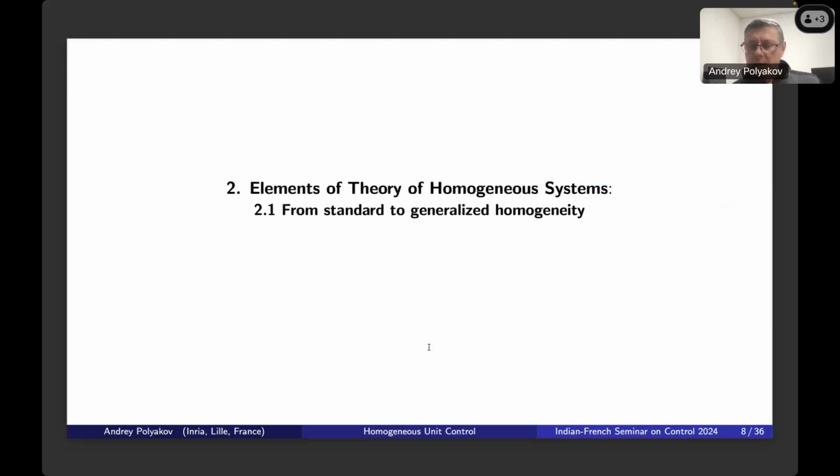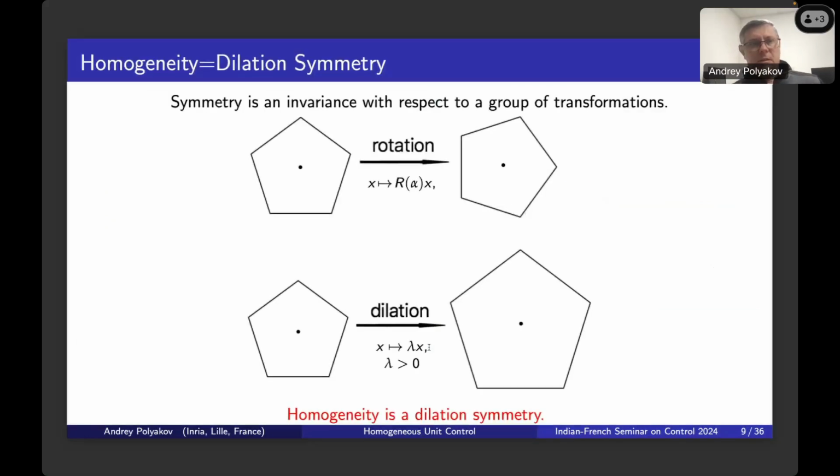Homogeneity in mathematics can be shortly formulated as a dilation symmetry. We know that by definition symmetry is some invariance of a mathematical object with respect to a group of transformations. For example, if we use a transformation like a rotation, we will see that it doesn't change the size of the figure. So the size of the figure is invariant with respect to rotation, but it changes the shape.